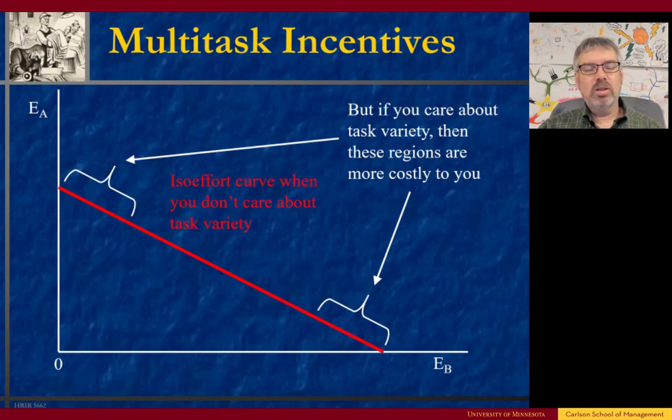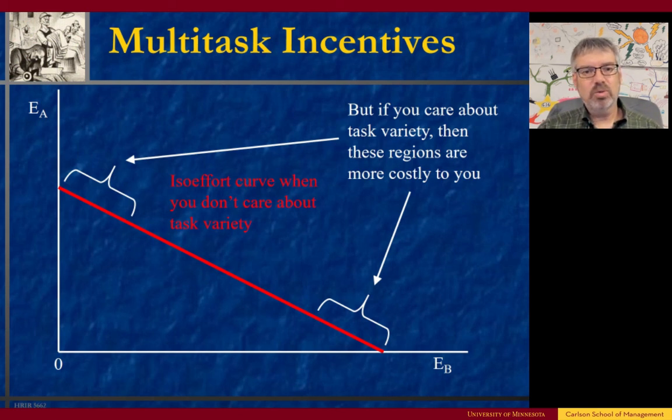If we have task variety, that means either extreme, where we're doing almost all on one task or almost all on the other task, is relatively more costly to us than in the middle, where we have offsetting intrinsic benefits or whatever, because of task variety.